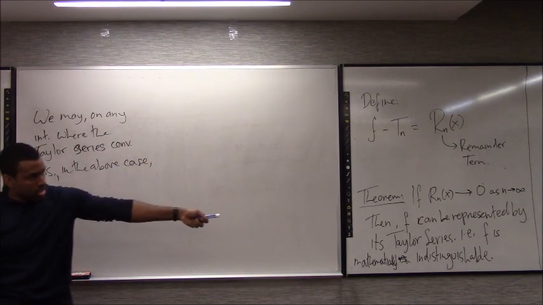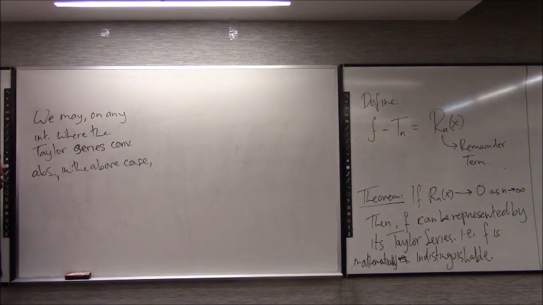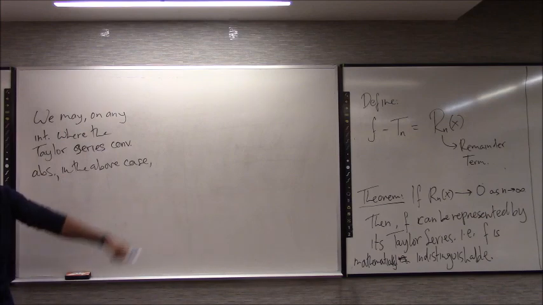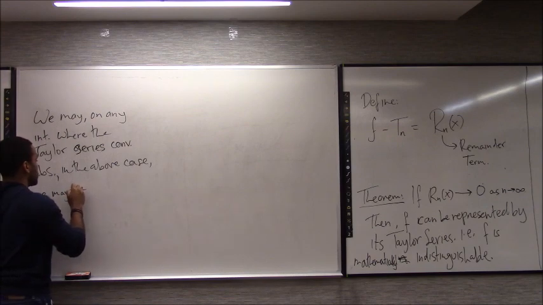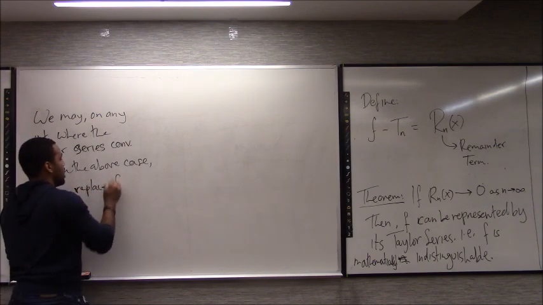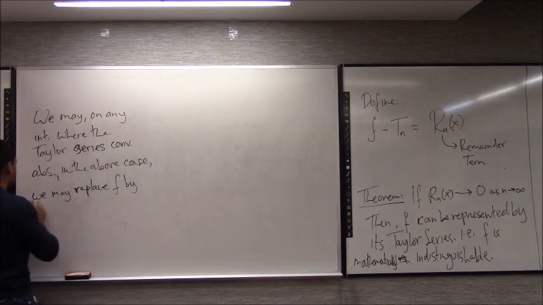So, assuming this is true, and we are on an interval where the Taylor series actually converges absolutely, meaning that if I rearrange the sum, it's not going to change, so I don't have to worry about if I take a derivative, doesn't matter what order I've taken different derivatives in, or integrals, or etc. Then on any interval where the Taylor series converges absolutely, and it fulfills this property, we may replace f by its Taylor series.